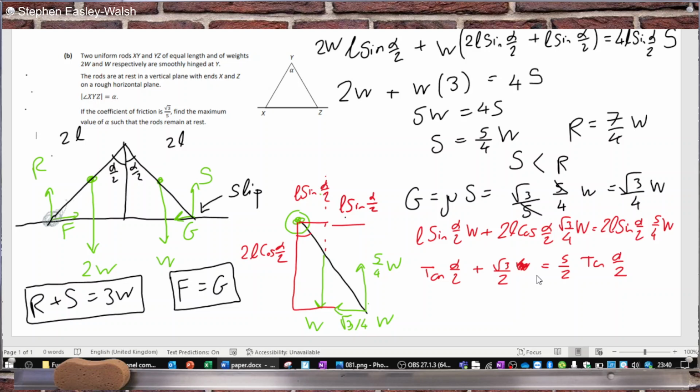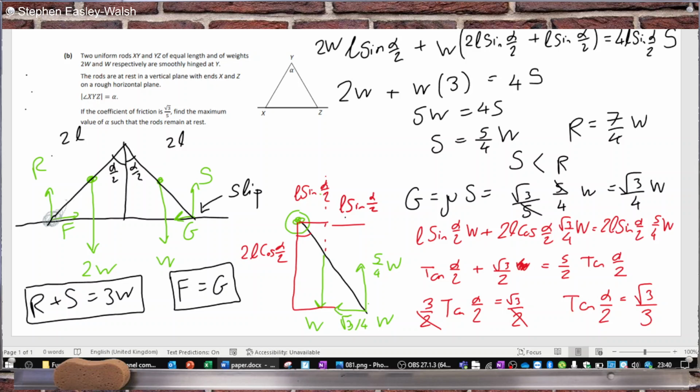So let's see what I get this time. It looks better. 5 over 2 minus 1. So I get 3 over 2 tan alpha over 2 equals root 3 over 2. I can cancel the 2's. This is looking good. So I get tan alpha over 2 is equal to root 3 over 3.